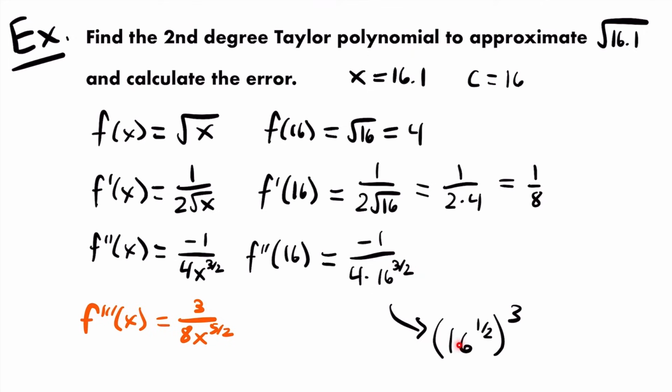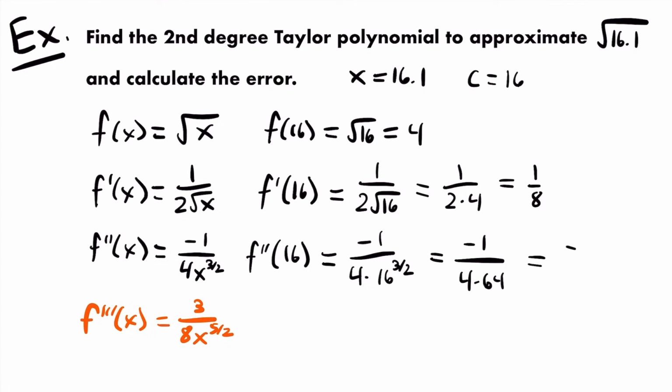So the square root of 16 is 4, so we have 4 to the power of 3, and 4 cubed is 64. So what we have here is that this is equal to negative 1 divided by 4 times 64, and 4 times 64 is 256. So this is equal to negative 1 divided by 256.